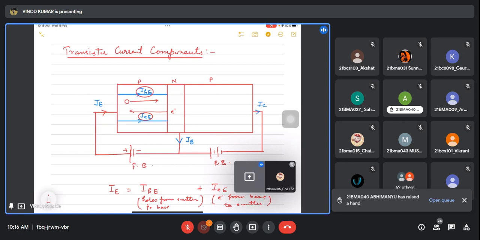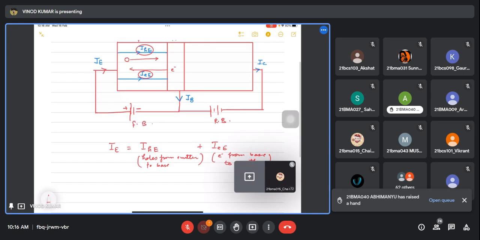Both the electron movement is opposite, that's why the current is in the same direction. If you see, this is a minority carrier here, so this current is because of the minority carrier. And the opposite is true for an NPN transistor.